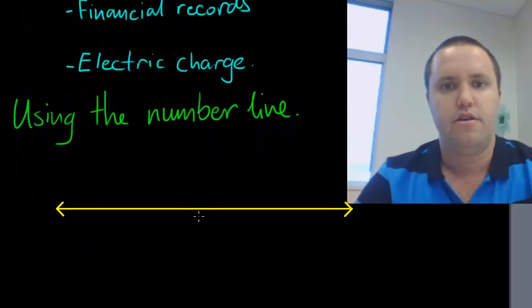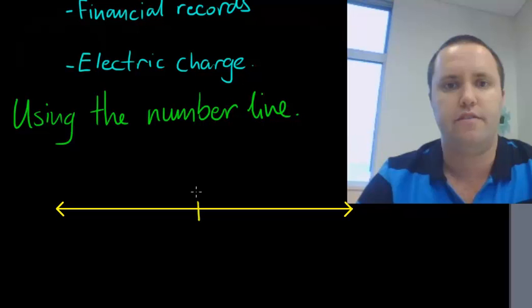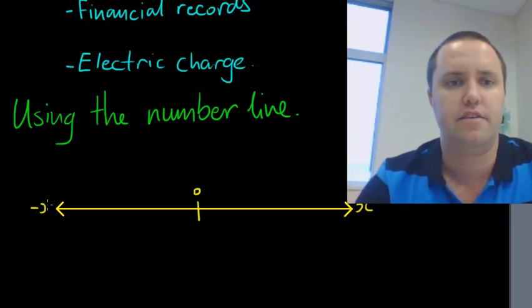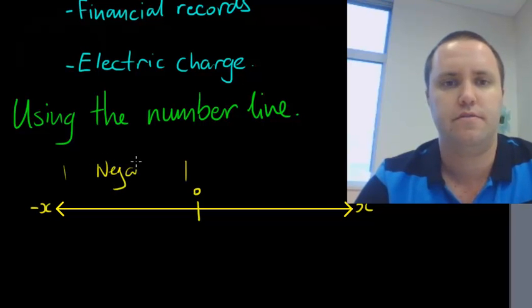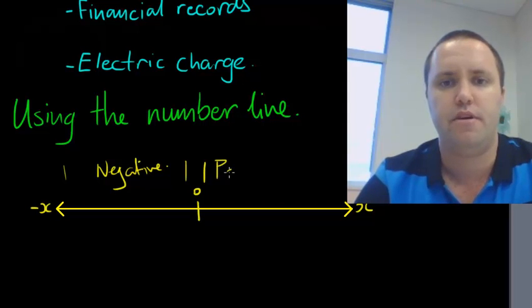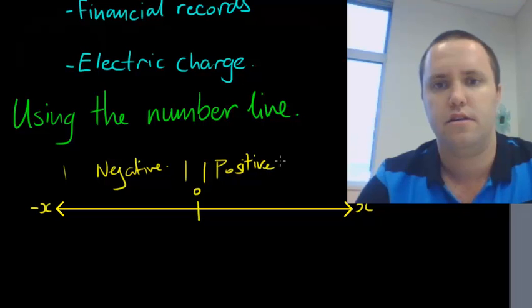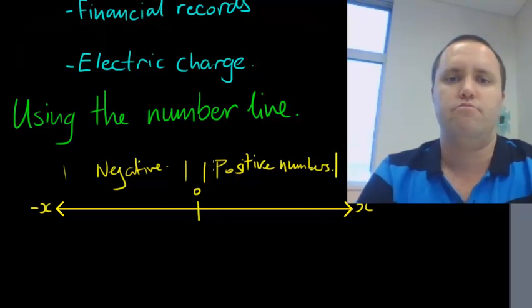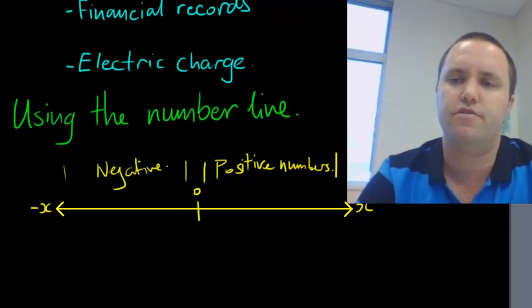Right, let's have a look at using the number line. So remember the old number line where we have 0, going up this way is positive x, and here we have negative x. So it's not surprising that down this way are negative numbers, and up this end we have the positive numbers. Maybe that helps you to visualize it a little bit.